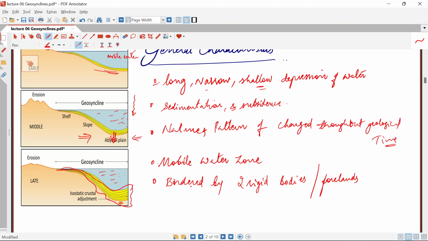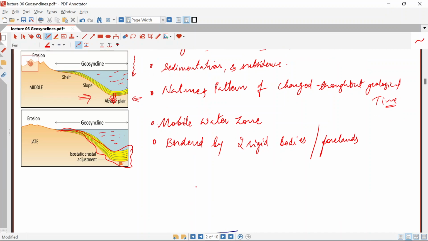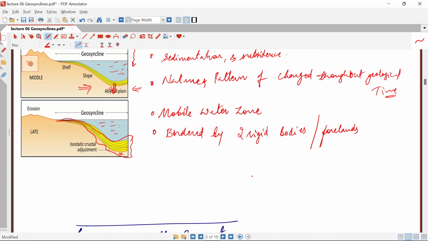Actually, we cannot see that here, so I will draw it and explain. Geosynclines will be like this. Here is the subducted material, and these two limbs, or two edges, are called forelands or the two rigid bodies.